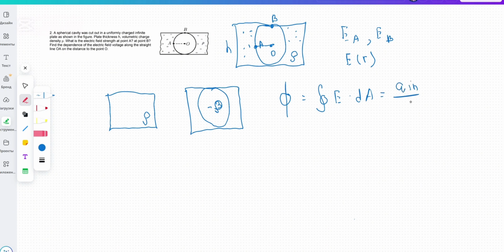That will be equal to the charge inside over epsilon 0. But in our case we need only this part. We need to know only this formula. So to find the electric field at point A we need to use this formula.